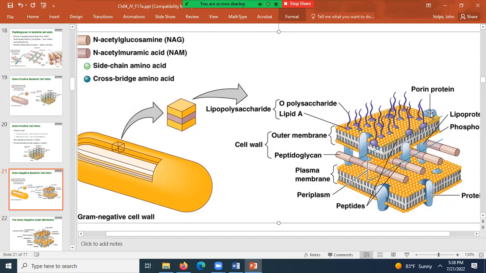The porin protein moves a whole slew of different molecules through it, like glucose and fructose, and all the 20 different amino acids can move through the porin protein. It's just a channel protein that allows many different things to move through the outer membrane of the cell wall. Any question about any of that?